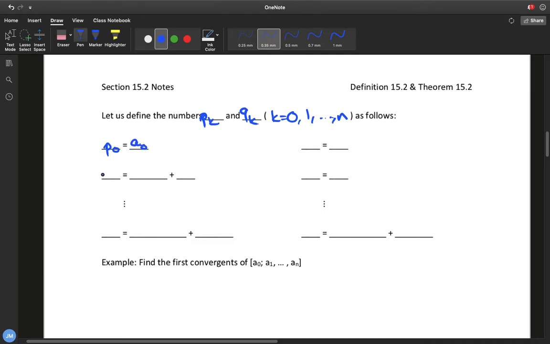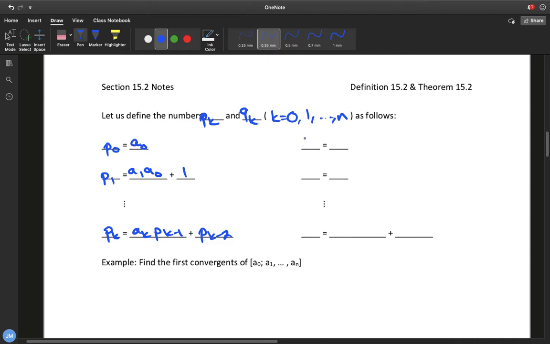The next term, P sub 1, will be found by taking A sub 1 multiplied by A sub 0 plus 1, and then P sub k is equal to A sub k multiplied by P sub k minus 1 plus P sub k minus 2. So notice that the kth term is defined recursively based on the previous terms.